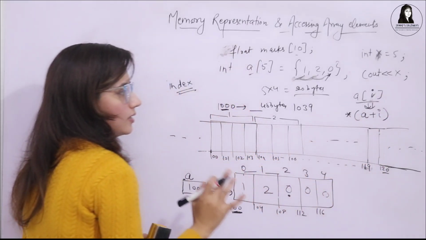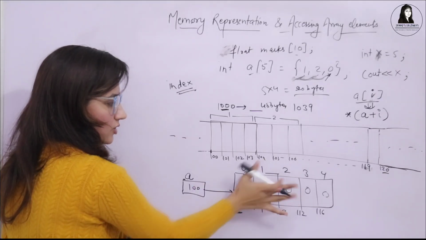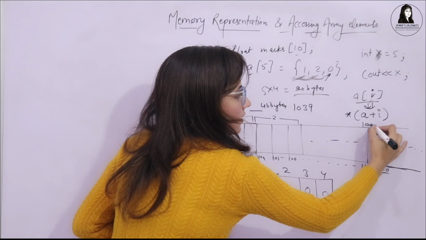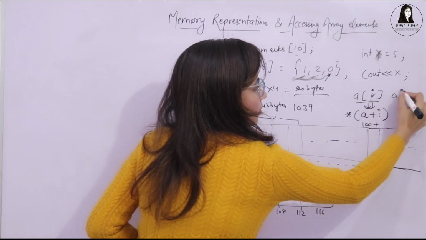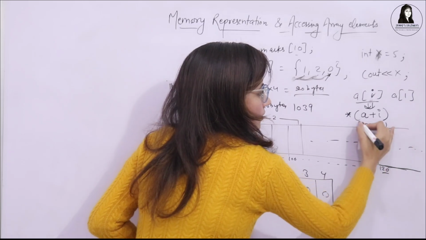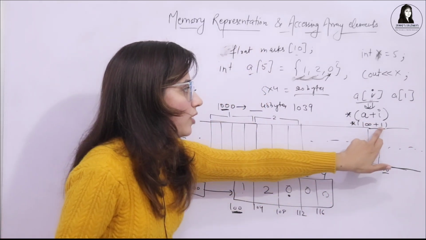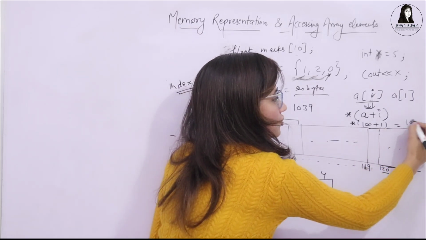Now a has the address of the first element, or the base address. Suppose we take this example, so 100 plus i. Suppose I want to access a of 1, so i is 1. In pointer arithmetic, this 1 does not mean it will become 101.